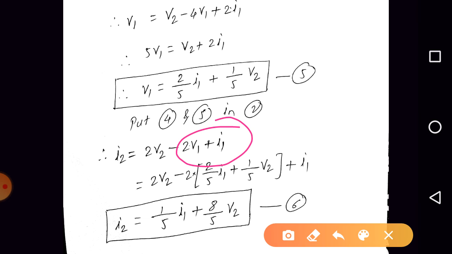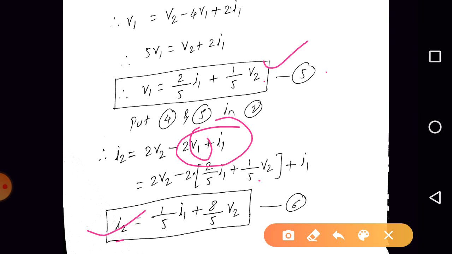Outside of the bracket there was a negative, so it will be minus 2V1 plus I1. So 2V2, and after that again we put equation 5 for V1, whatever the V1 here. After rearranging the terms, we can get I2 is equal to 1 by 5 I1 plus 8 by 5 V2.